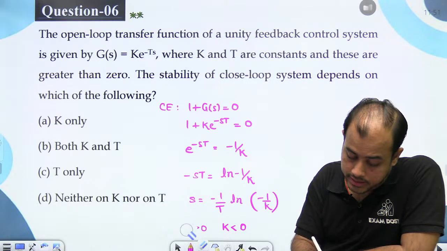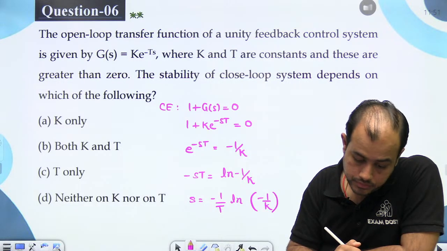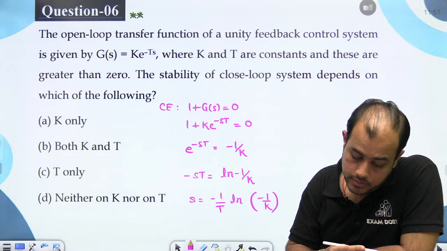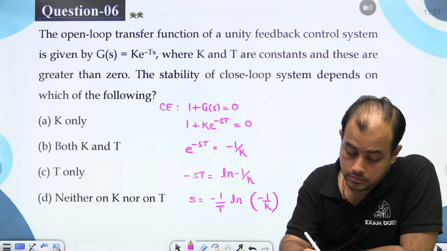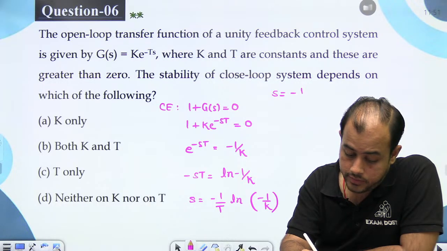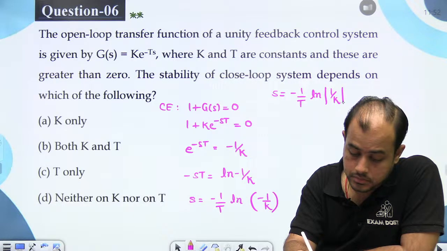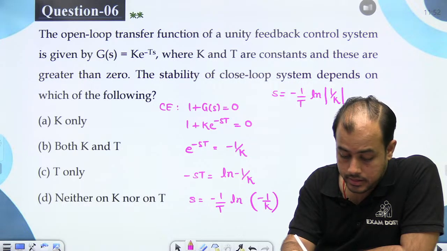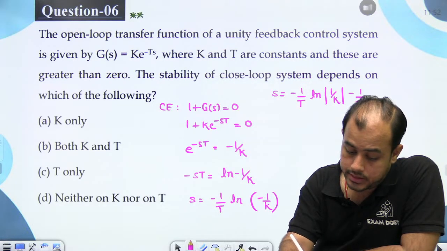K और T both are greater than 0. 1 plus K, minus 1 by K. तो नेगेटिव नंबर का लॉग कैसे लेते हो? Okay, this is how you take the log. e to the power depends on K.